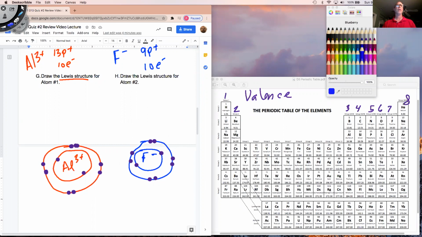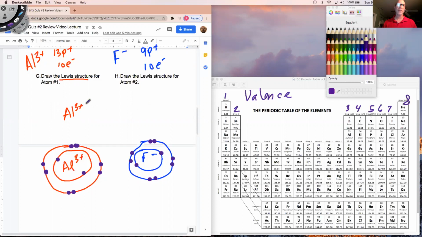So to draw our Lewis structure for our aluminum, we put our aluminum 3 plus right here in the middle. And then we're going to draw electrons going around the outside.